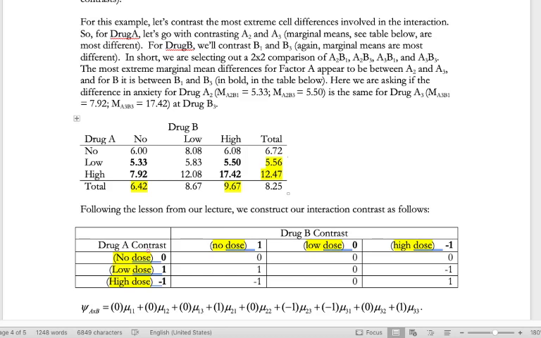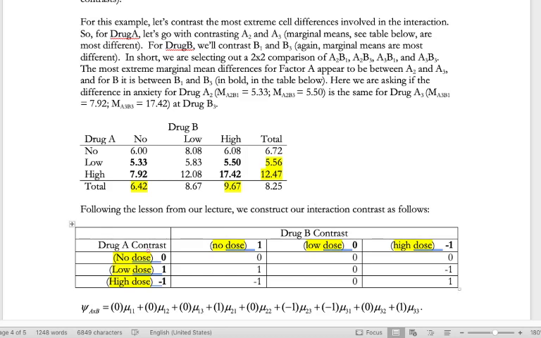We don't want to average this cell with this cell and compare that to this and this, because then that's not interaction anymore, right? That would be holding drug B constant. So instead, when we're making an interaction contrast, you want to make this sort of table.